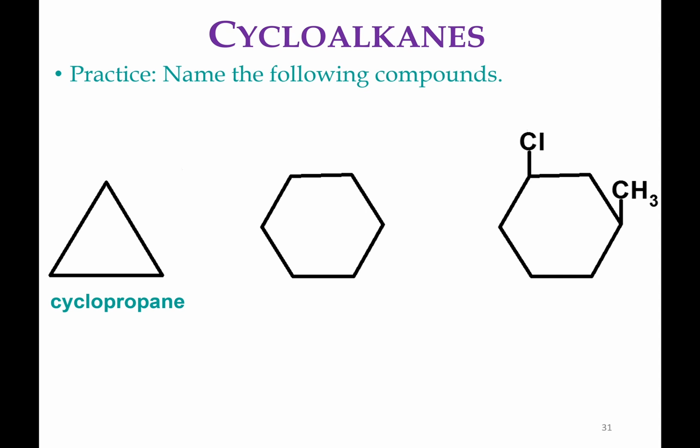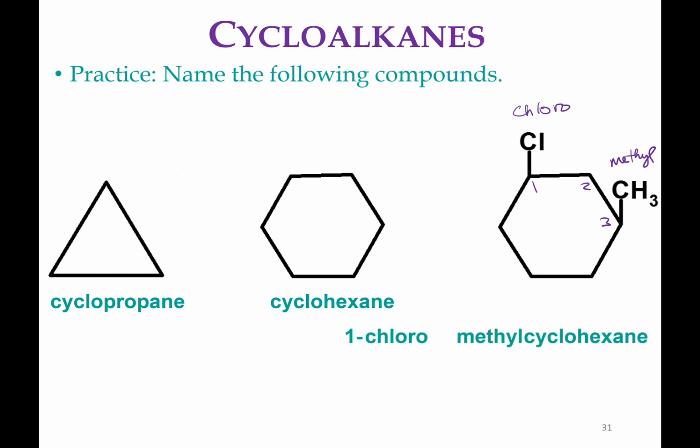This is cyclopropane, cyclohexane, and now we have chloro and methyl. Which one comes first? 1, 2, 3. So 1 chloro, 3 methyl cyclohexane. All right, so this would be the name. I know it's a big, long name for this compound.